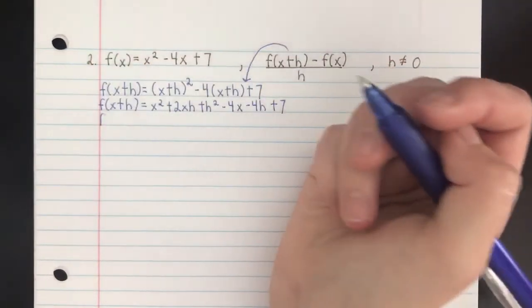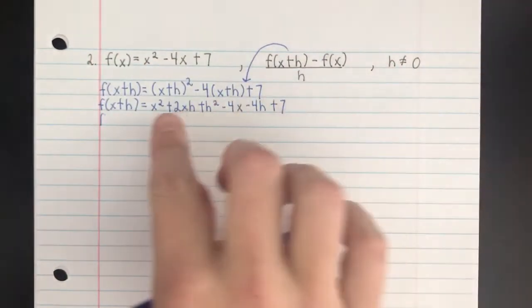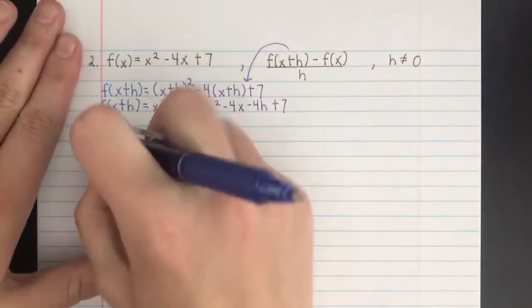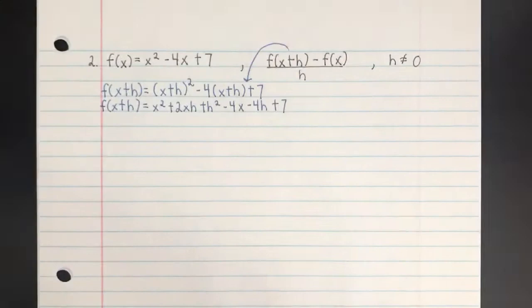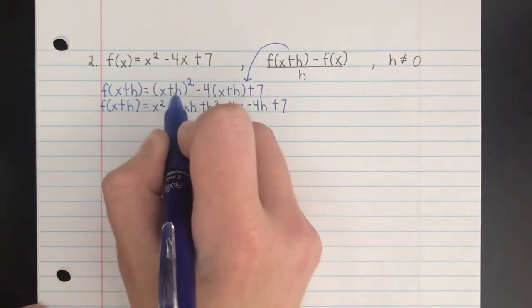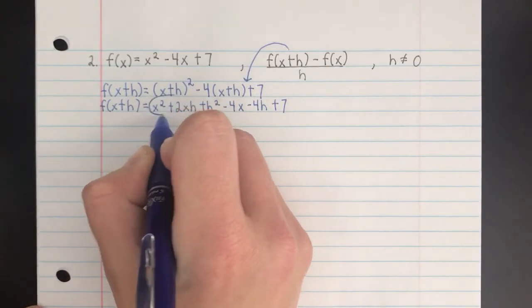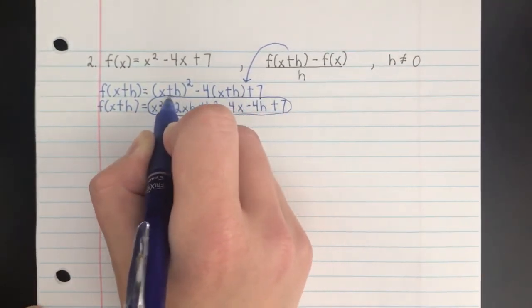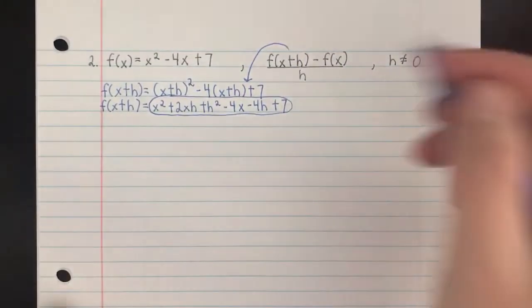So f of x plus h, I'm looking at it here and I don't see anything I can combine. So I'm not even going to write it again in any particular order because that seems like a lot of extra writing. Nothing could combine, so I'm just going to circle this. That's my expression that I'm going to plug in to my difference quotient.